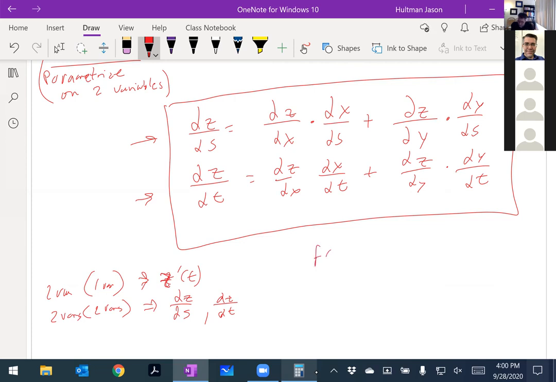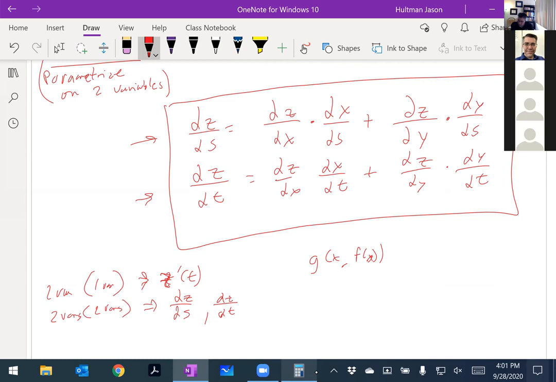It'd be like if I had x and f of x. Let's call this g, so g of x and f of x. It's the same thing. Here we just have a function of x and y.